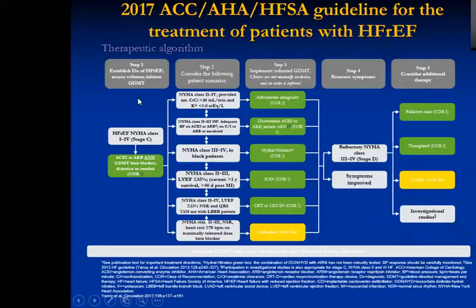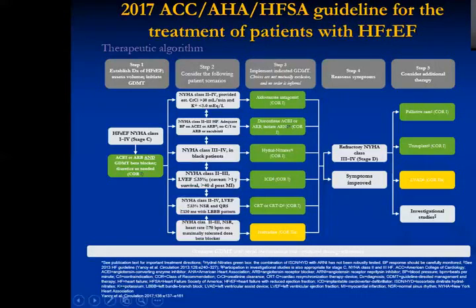Step one: ACE or ARB, beta blocker, diuretic according to the volume status as needed. That is the first stage, that you have to offer these three drugs to every heart failure patient, and the rest depends on the condition, his prognosis, his behavior on these treatments. Then what to do? Let's see.